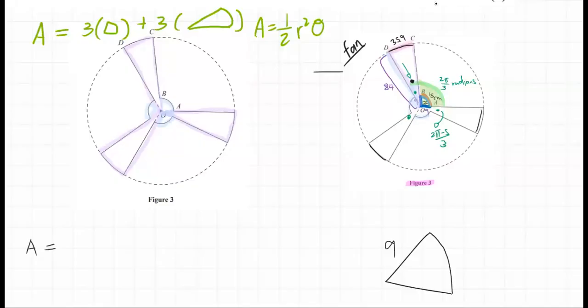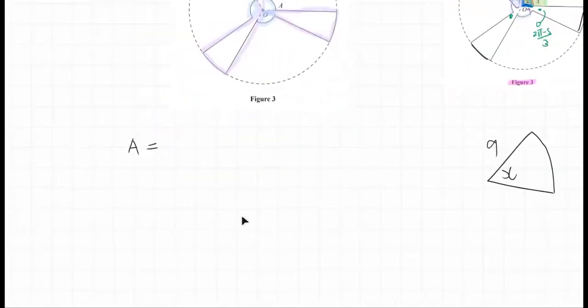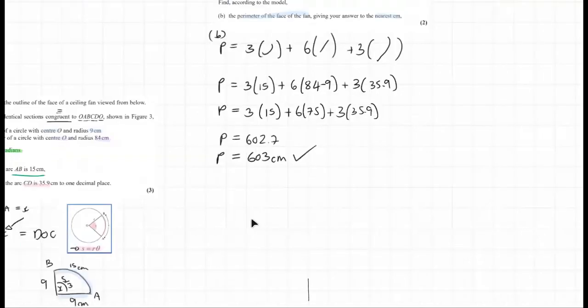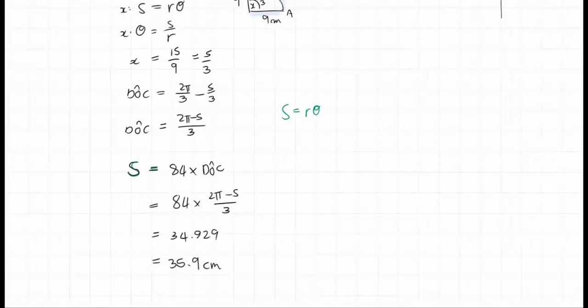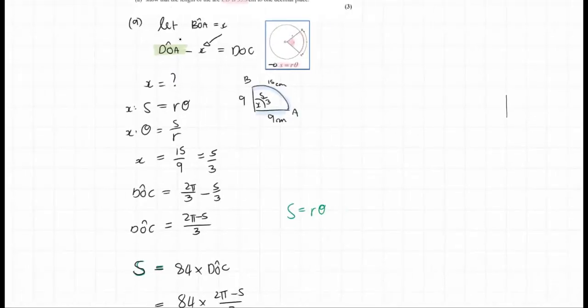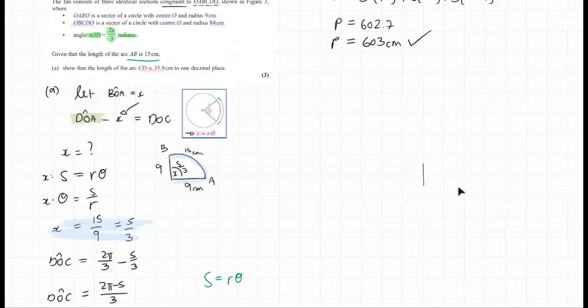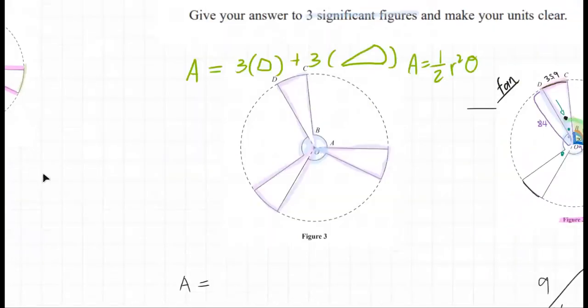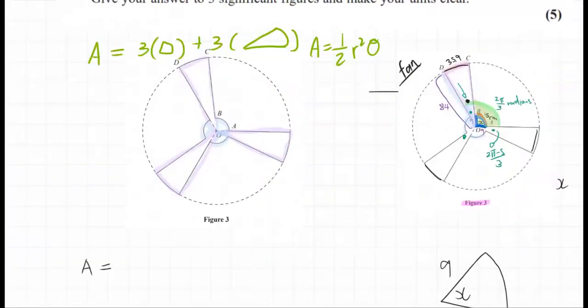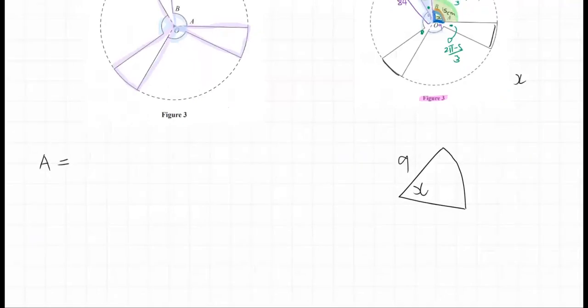I think the angle between these is actually x. So the angle here was x. And we just go back and grab what our x was. It's on the left here somewhere. Lots of working. Okay, x over there ended up being 5 over 3 from the previous question. Good. So x equals 5 over 3.